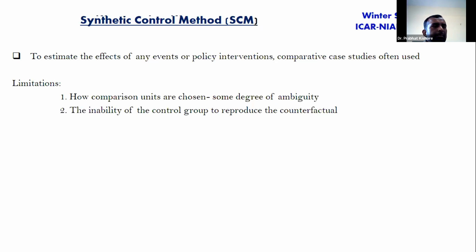If you are not selecting a proper control unit, you will lack the counterfactual. That means you cannot reproduce a better counterfactual with which to compare and know the impact of any policy change.